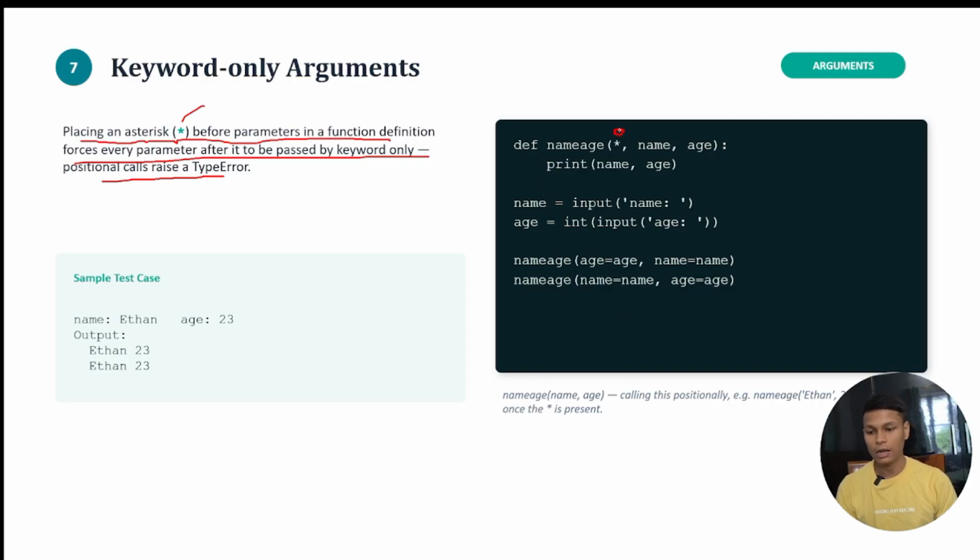We have to use keyword arguments. If you want to call this function, the only way to pass the arguments is to use keywords only, like age equal to age, name equal to name, or name equal to name, age equal to age. This type of thing we are going to write here.